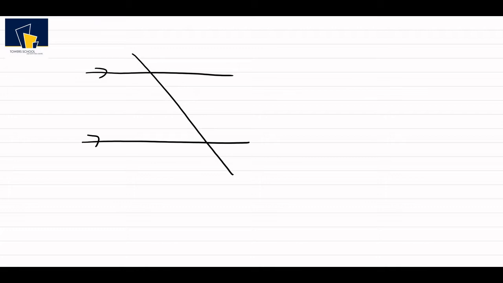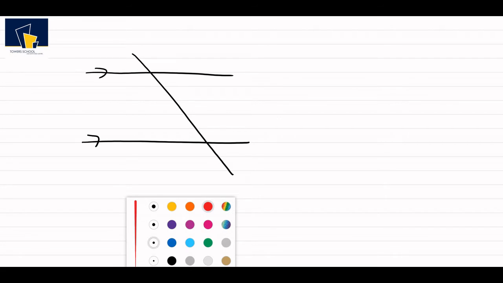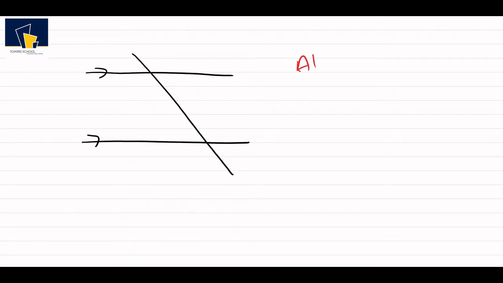The first thing we're going to have a look at are going to be called alternate angles. Now, the thing about alternate angles we need to remember is that alternate angles are equal. Alternate angles are created by Z shapes, and it's the angles that are in the corners of the Zs that are going to be the same.